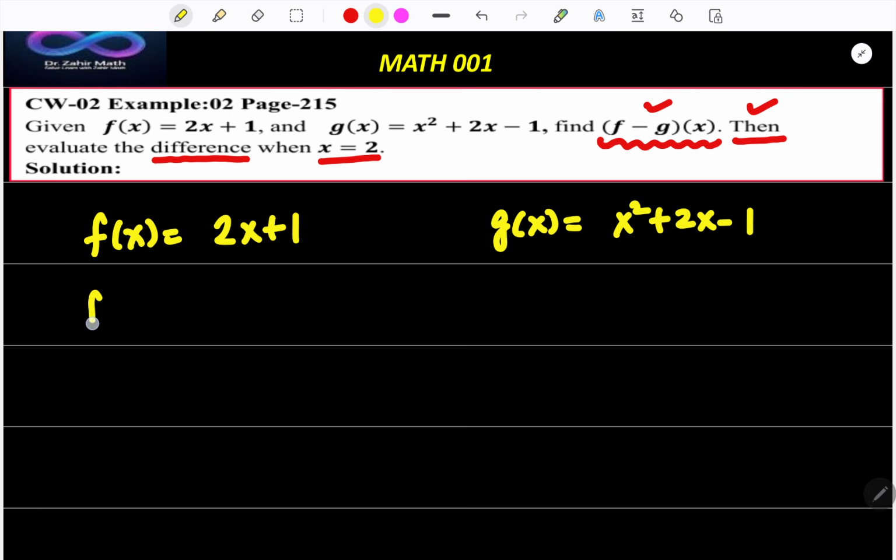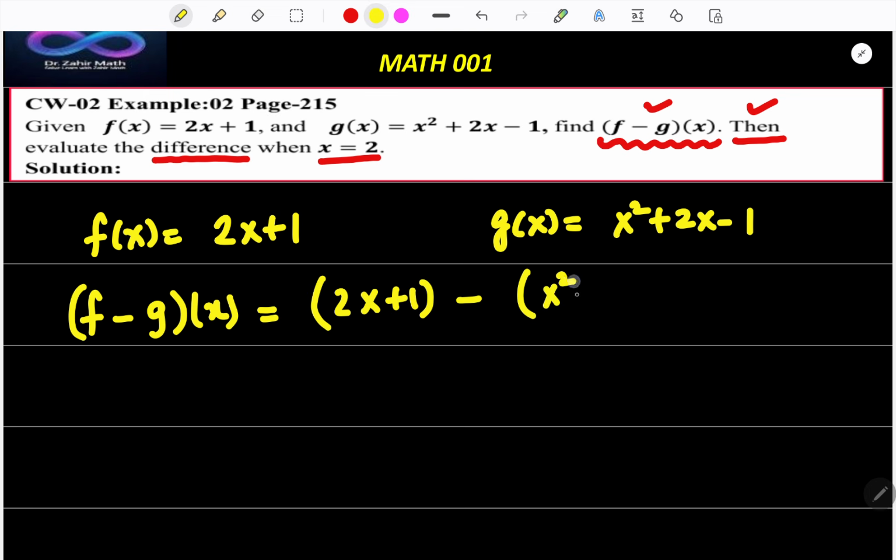Now what is the question? f minus g of x. Be careful with minus. You need to open a bracket on the left side and right side. Keep in your mind. So let me write 2x plus 1 minus, open x square plus 2x minus 1. Because of this minus, these brackets are very, very important.